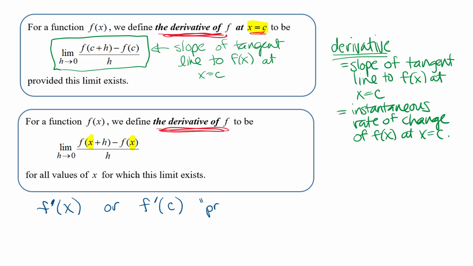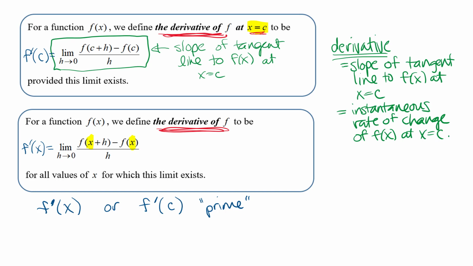So we call that a prime. And that just indicates the derivative of f, either at all values of x or at a specific value of x. That's one of the symbols we use to denote derivative. So I could go up here in these definitions and just add that in, that f prime of c is defined to be that, or f prime of x is defined to be that.